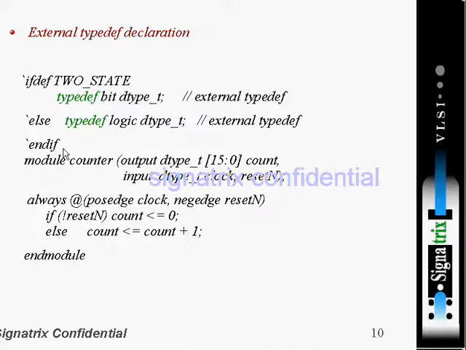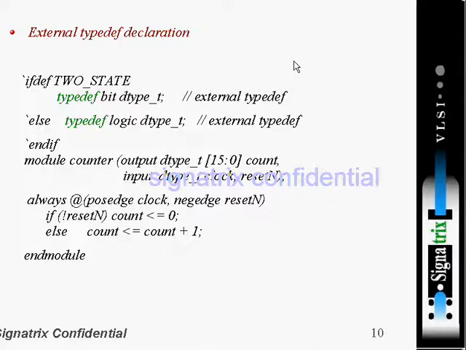We are going to use that one. Where we have used d_type. Here we declare it as a count. Inside we are using those things, count. So this is an example for external typedef declarations.